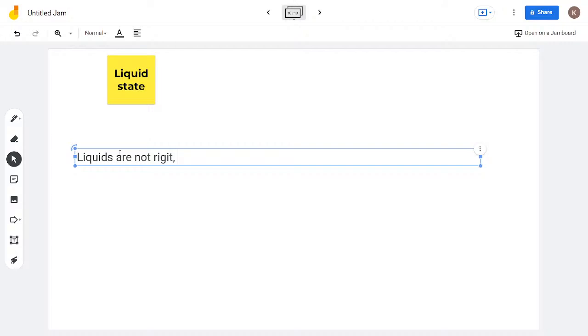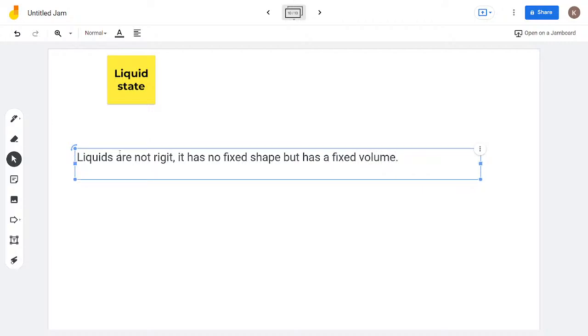It has no fixed shape. It can be called fluid.